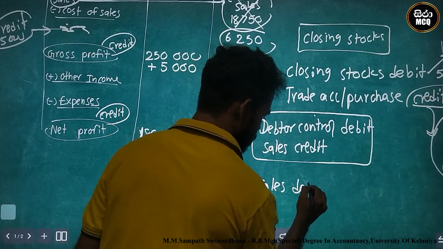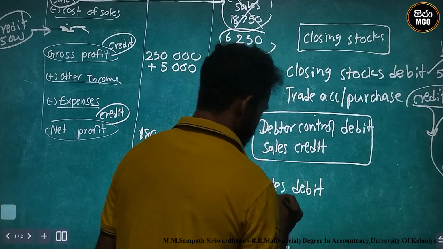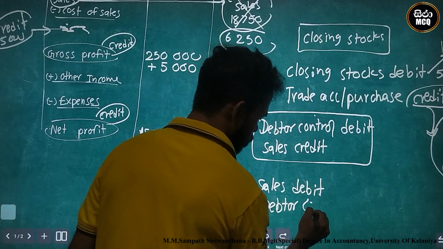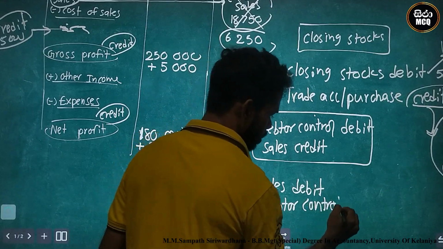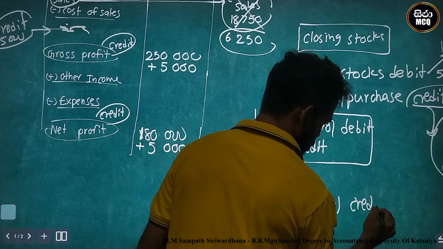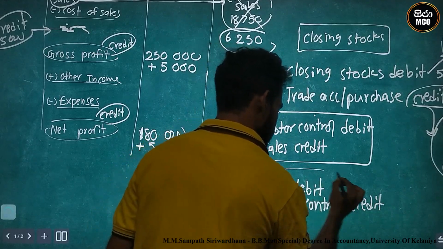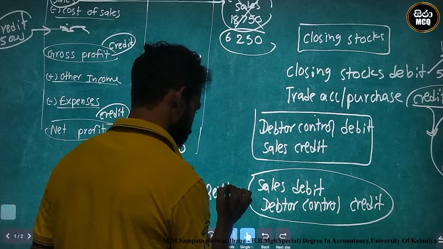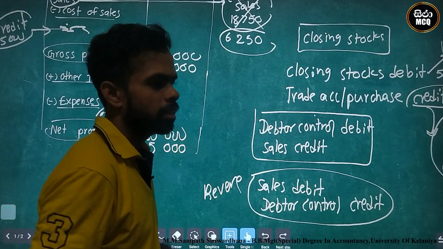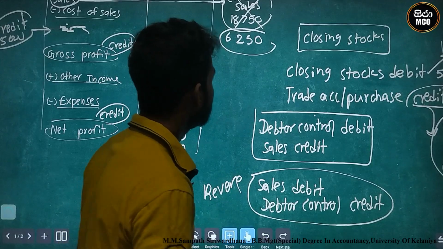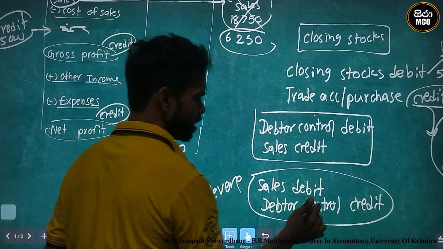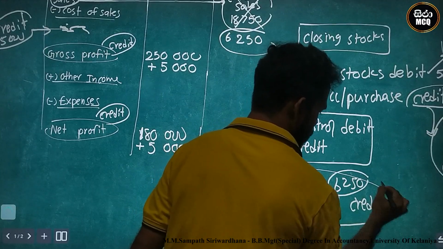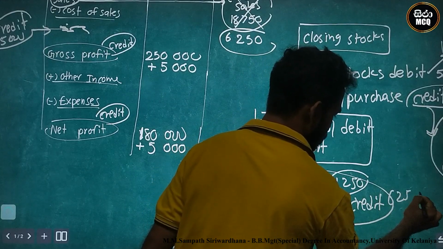This is the reverse, and debtor control credit. This is the reverse of this. Reverse means error correction. What is the error correction amount? 6,250.